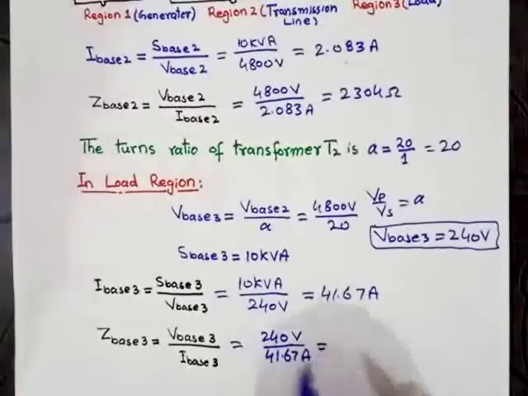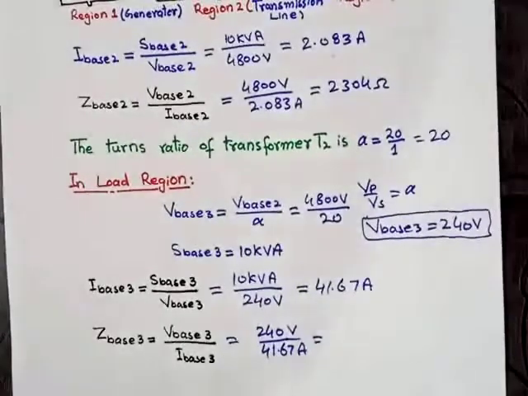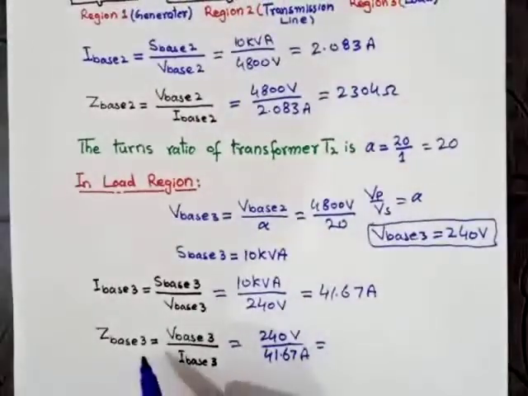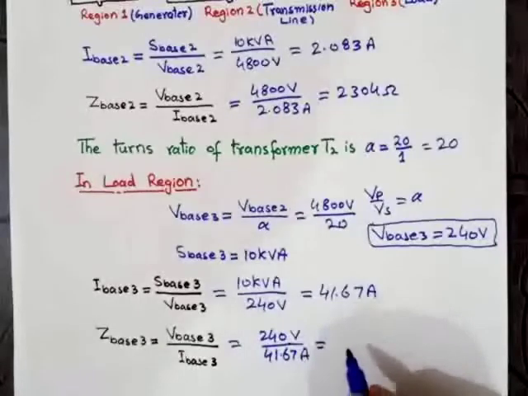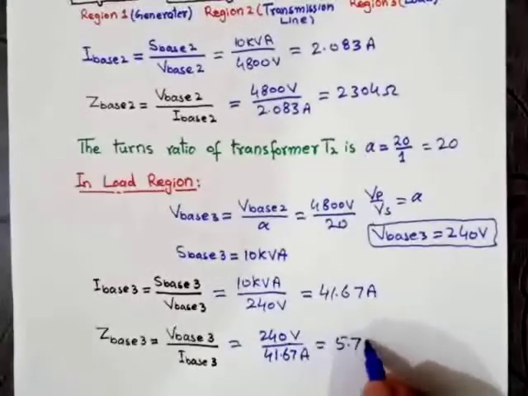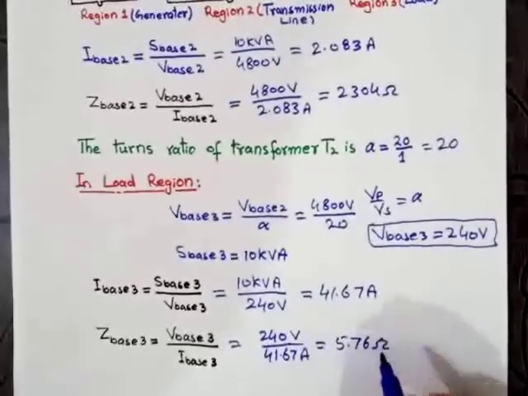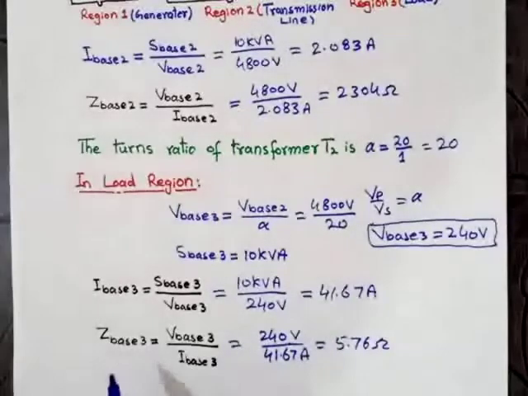After solving this equation, we get the value of Z base 3 is equal to 5.76 ohm. So this is the base value of impedance in region 3.